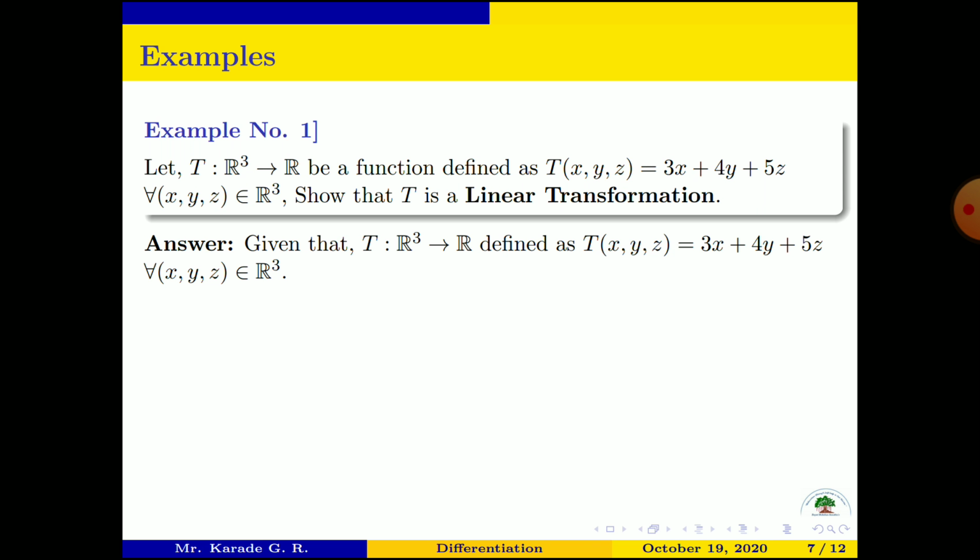While writing the answer, first of all we write the given things. Given that T from R3 to R is defined by T of x comma y comma z is equal to 3x plus 4y plus 5z, and it is true for all vectors x comma y comma z belonging to R3. So in this problem our claim is to show that T is a linear transformation.